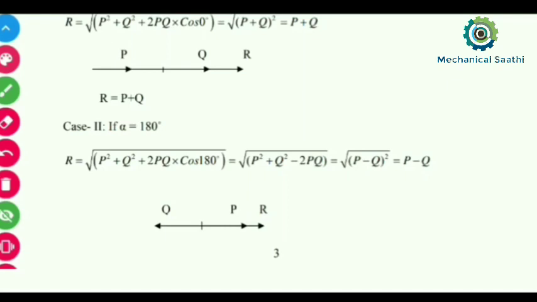So here we have p in the positive x direction and q in the negative x direction, so we can calculate the resultant force as p minus q.